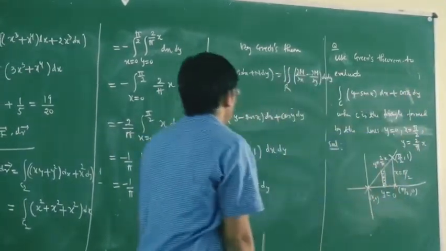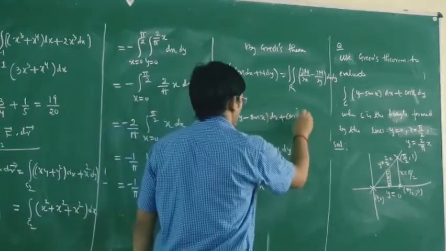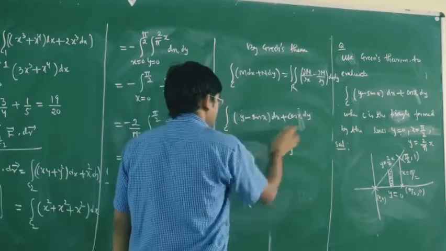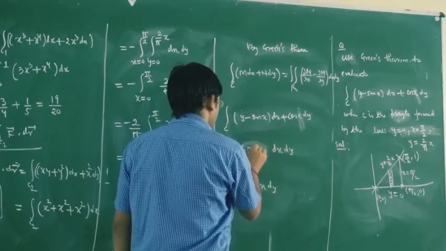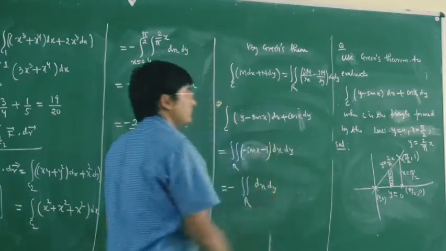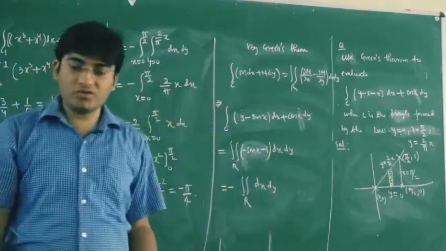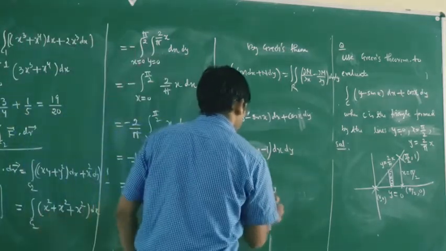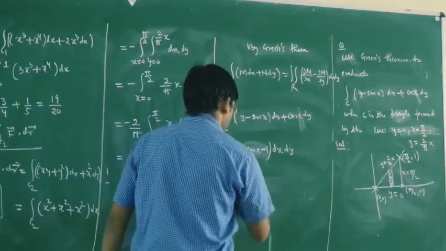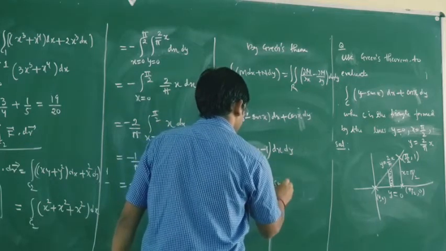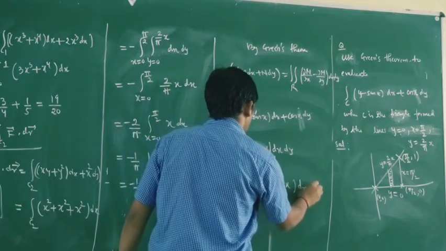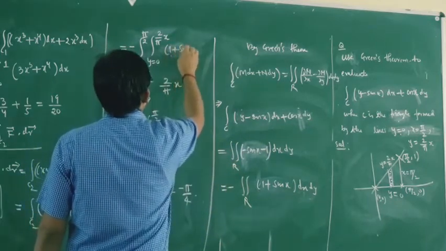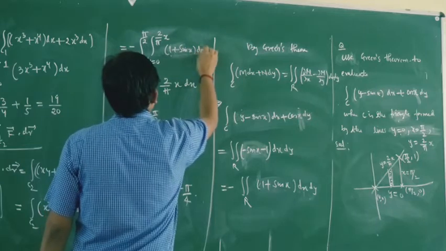Then del N upon del x will give you minus sin x, and then we have minus 1. Now you can see that this is a different question. For this question we have the double integral of 1 plus sin x dx dy. Now let us apply the limits.